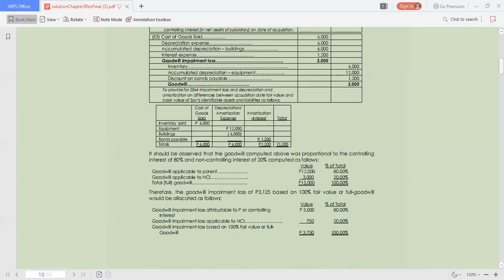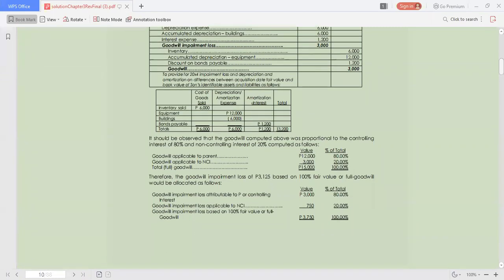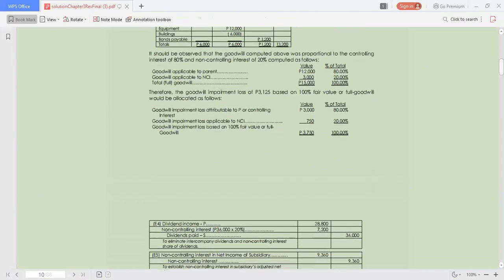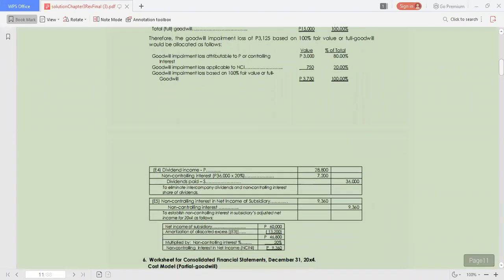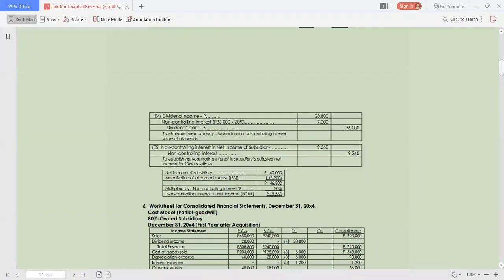Therefore, the goodwill impairment loss of 3,750, based on 100% fair value or full goodwill, would be allocated as follows. So we have now 3,750. 20% goes to the non-controlling interest.